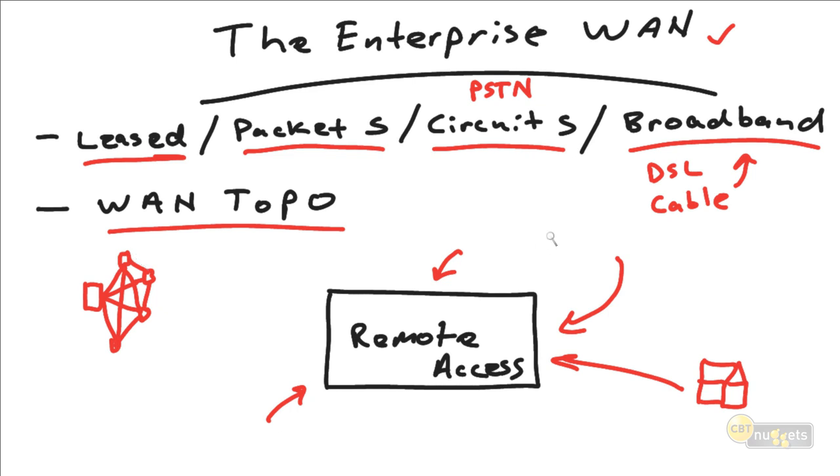So, we are going to design in modules. We are going to categorize the various technologies we're going to use, and we're going to think about exactly what type of WAN topologies we need to utilize.